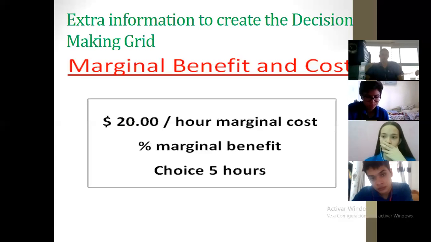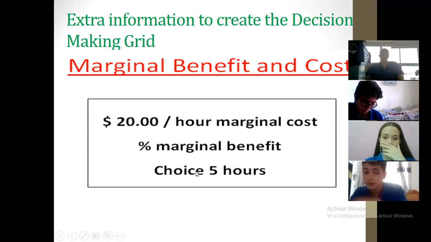If he's not really entering, it's going to be like 80%, and so on. Now, the options are 5 hours. Remember, he only has 5 extra hours, either to practice or to use on this job and earn some money that he really needs, okay?